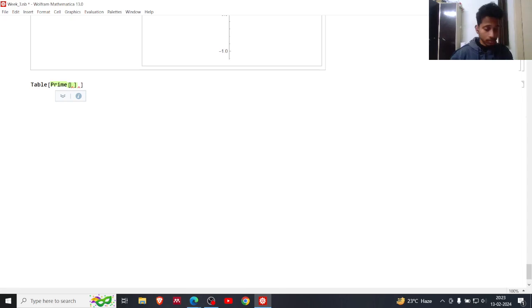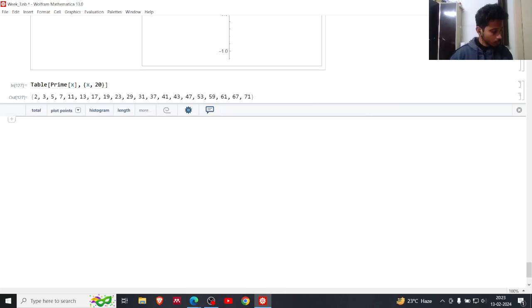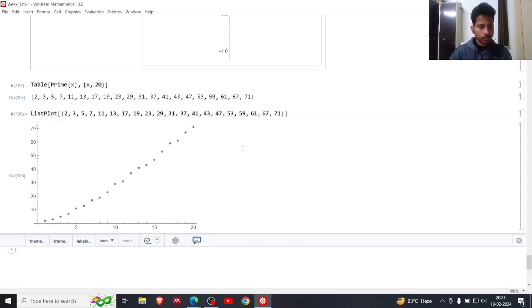So now Table Find x. So these are the prime numbers, the first 20 prime numbers.